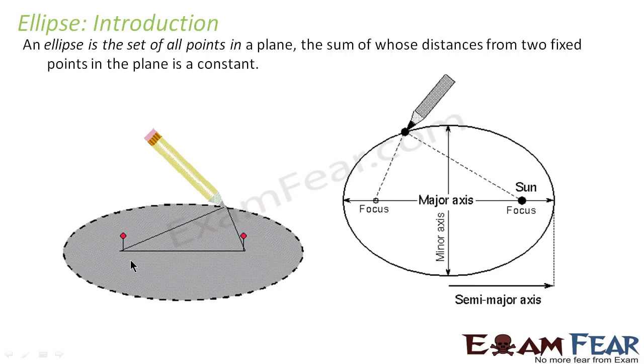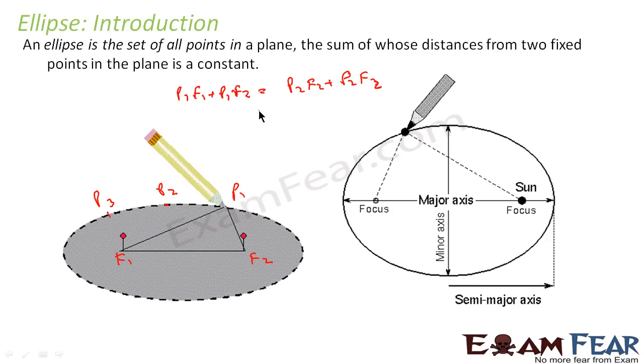For example, we have two fixed points F1 and F2. Let's suppose this point is P1. So P1F1 plus P1F2 will be equal to, let's suppose we take one more point P2, P2F1 plus P2F2. Or we take again one more point, let's take P3.